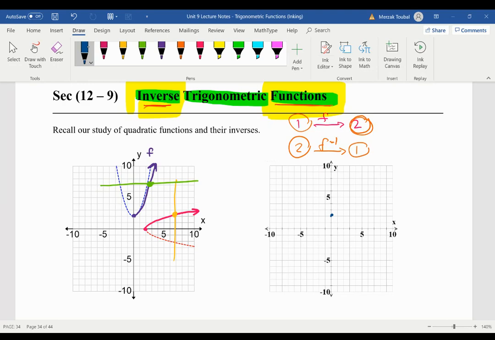This is f in its restricted domain, and this is f inverse of the function f in its restricted domain. As you notice here, it's more clear that this passes the horizontal line test and this passes the vertical line test. Therefore, the function f in its restricted domain has an inverse function, not a relation.